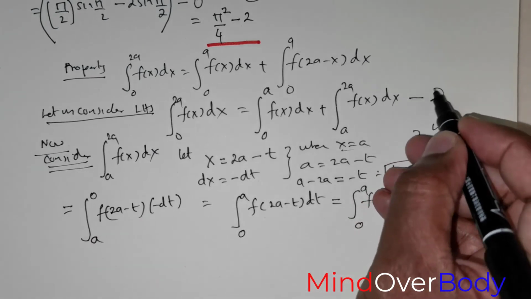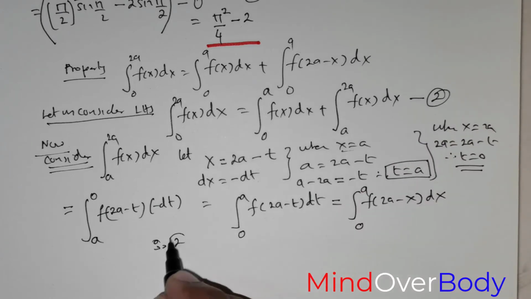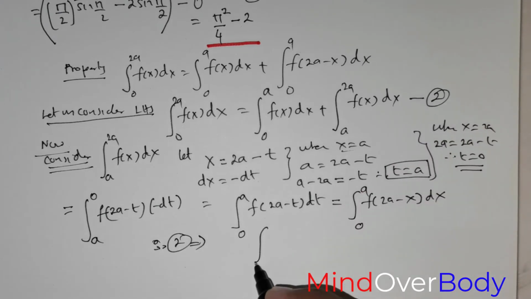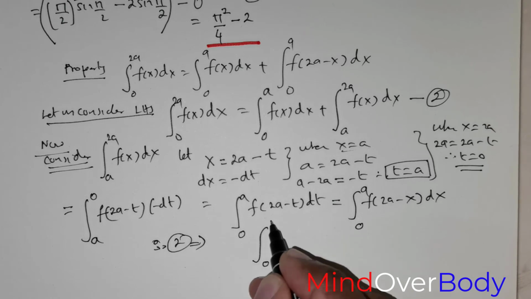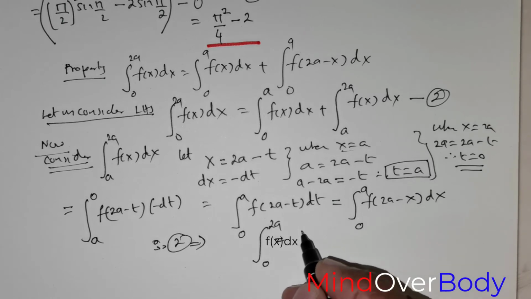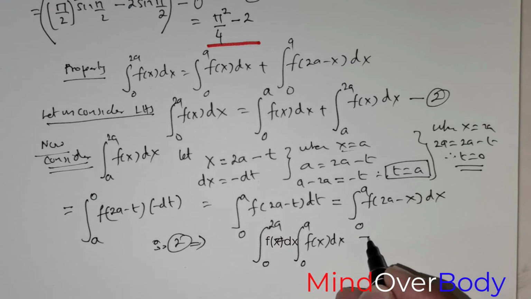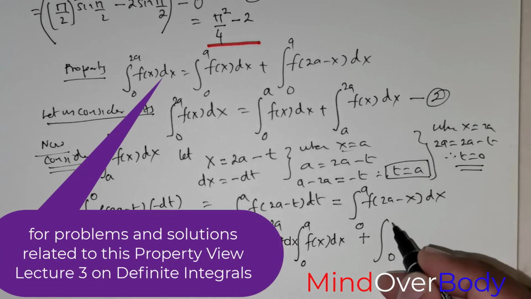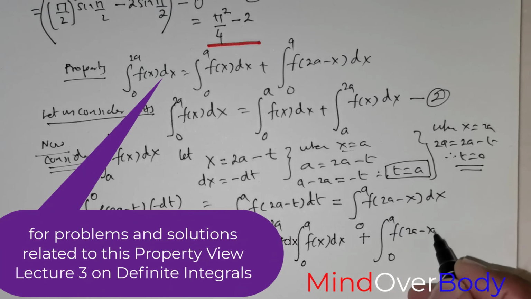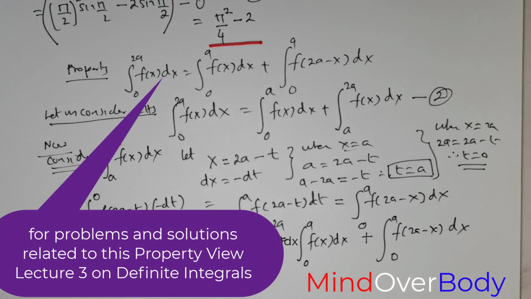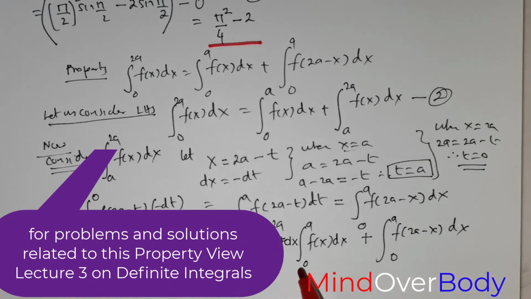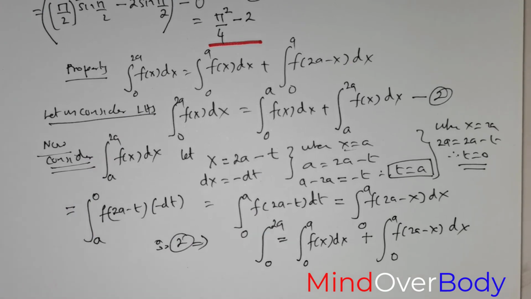So if I were to take this as the second part, therefore I can rewrite integral 0 to 2a f of x dx as equal to integral 0 to a f of x dx plus integral 0 to a f of 2a minus x dx. And this is the right place to stop.